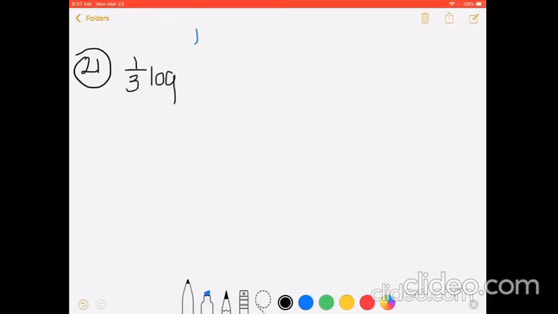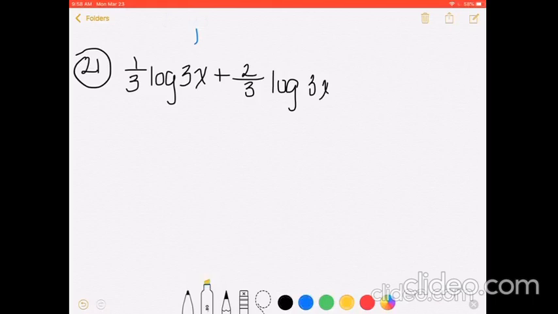All right, directions are still the same here. We're still condensing, and just like the last example, we are going to start off using power property. I can kind of already see that with that 1/3 in front and the 2/3 in front. Now this is our common log, so we don't have to worry about writing a base, and I'm highlighting those powers that are in front.